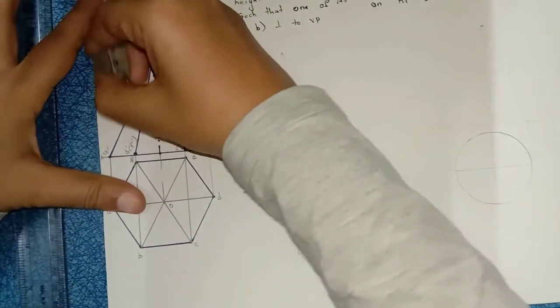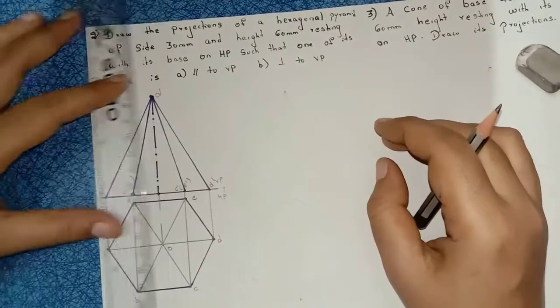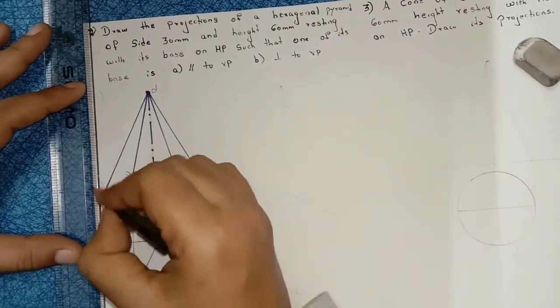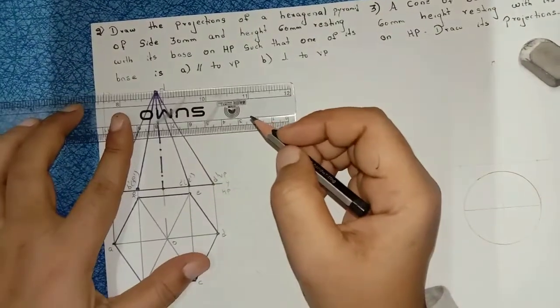Here I am taking the axis height. Axis height is here 60 mm.